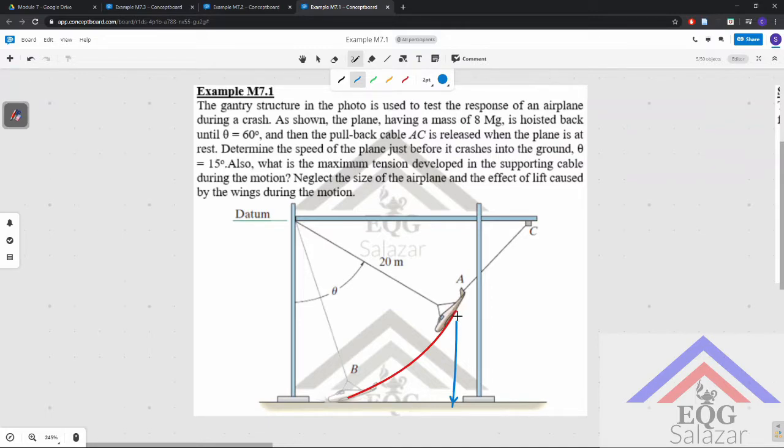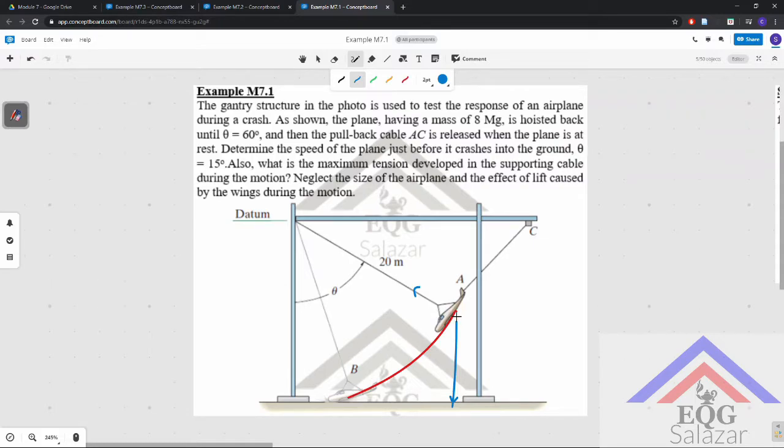Therefore, the gravitational potential energy has a lot to do with the speed at which the plane hits the ground at point B. And therefore, we will be applying the conservation of energy equation, because although there is tension here, the tension doesn't do much for the movement of the plane.